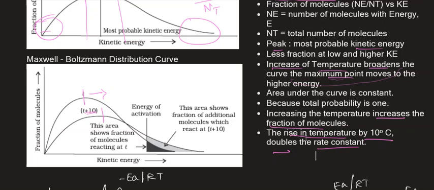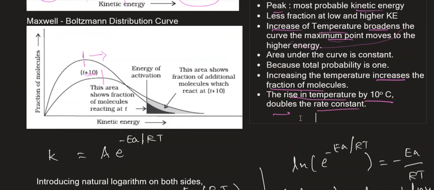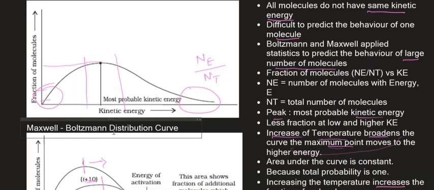That was discussed by Boltzmann and Maxwell. It is called the most probable kinetic energy, this one, and this most probable kinetic energy is shifted towards the right, that is, towards the higher kinetic energy side, and there will be more active participation of the molecules also.